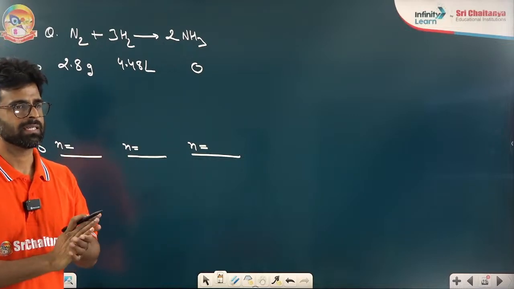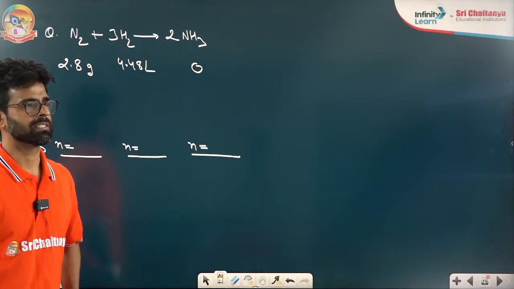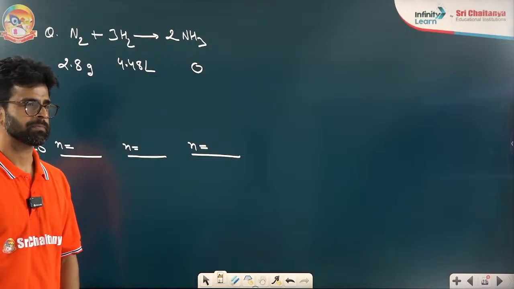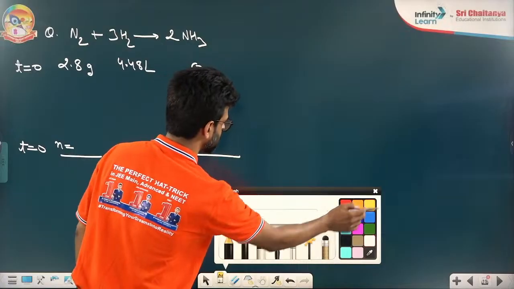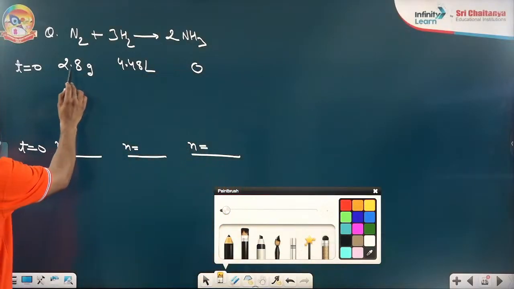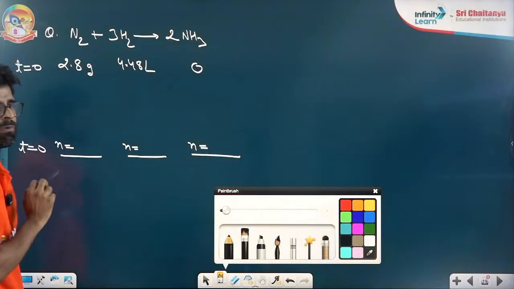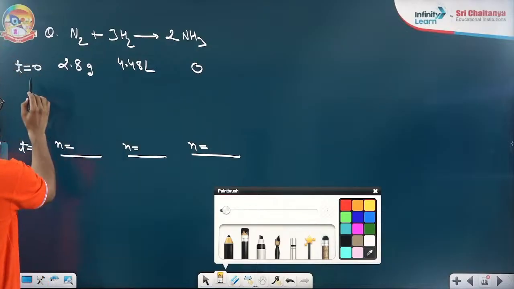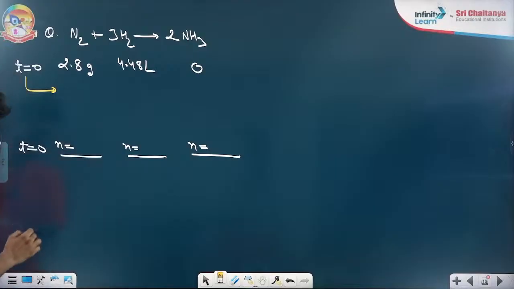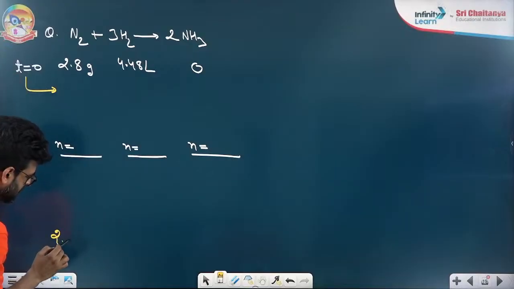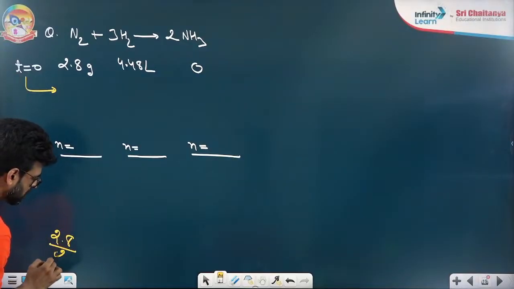We'll see some more reactions. So if you check here, they gave 2.8 gram of N2. Can you tell how many moles are there? To find the mole, I'm taking 2.8 gram divided by N2 weight 28.